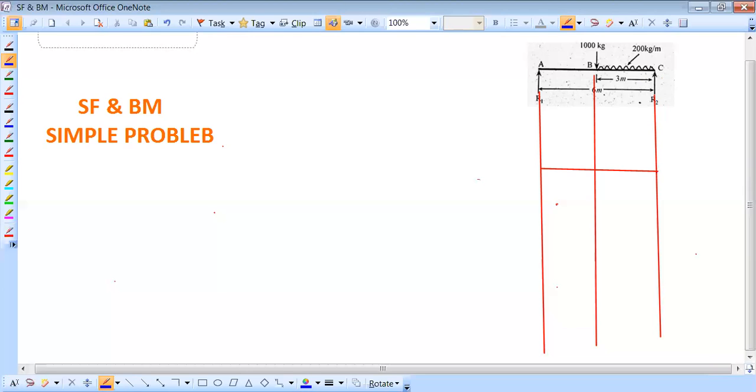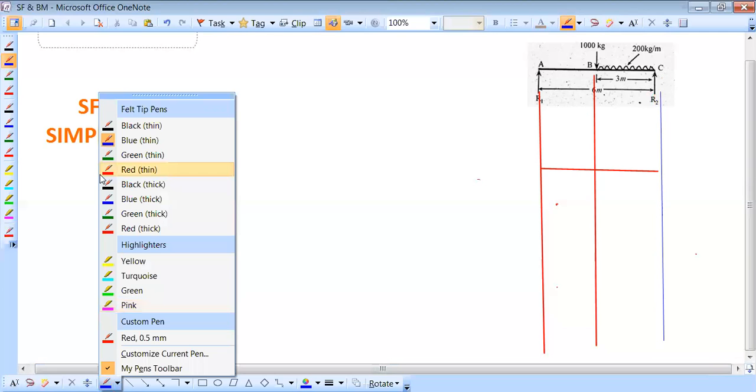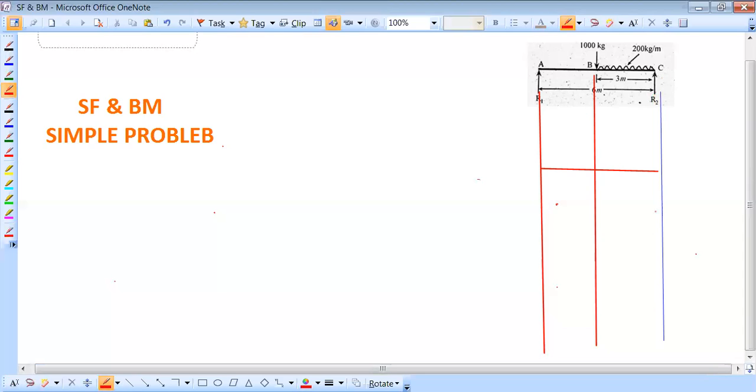If we take any scale from here, we take another perpendicular line from here, a straight line.